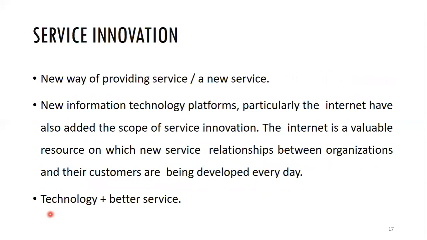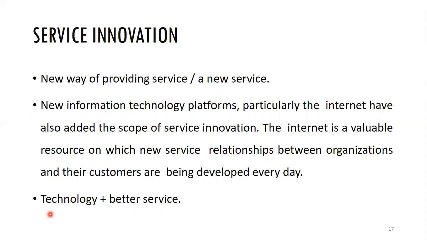Service innovation includes new ways of providing services, or providing an entirely new service. Okay, so that is one thing that may be included in service innovation. The new information technology platforms, particularly the internet, have also added to the scope of service innovation. This is extremely important nowadays.